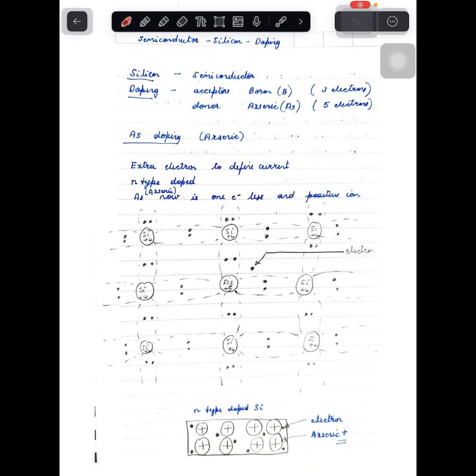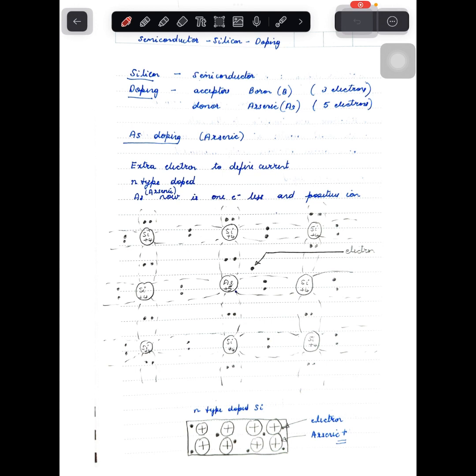So let us dope, or add, a foreign atom, that is an arsenic atom, to silicon material. Once we add an arsenic atom to the silicon material, an extra electron is generated. This extra electron is the charge carrier in this N-type doped silicon.